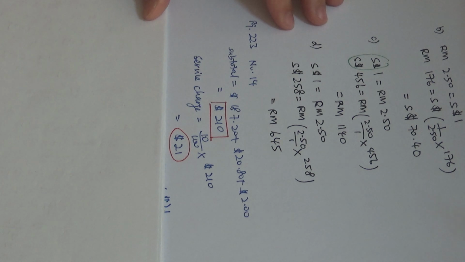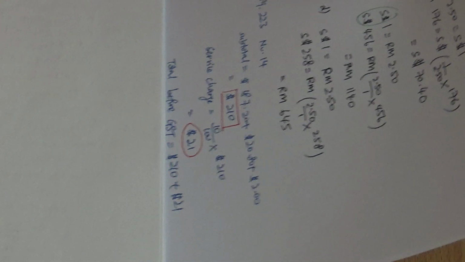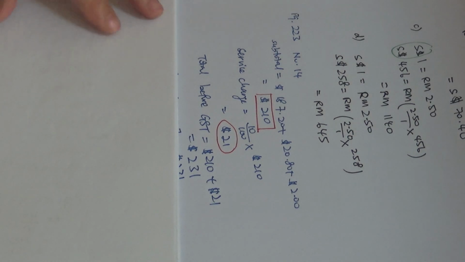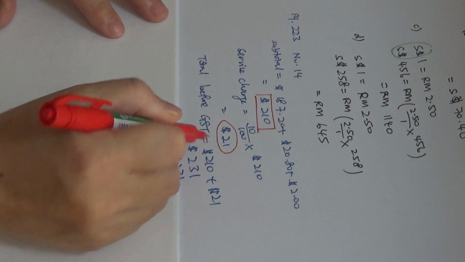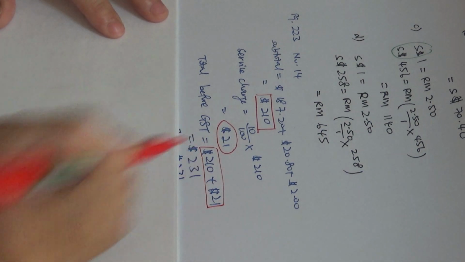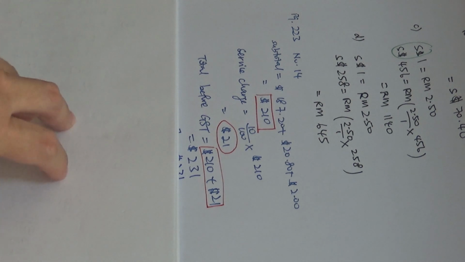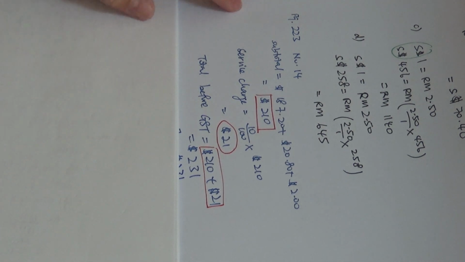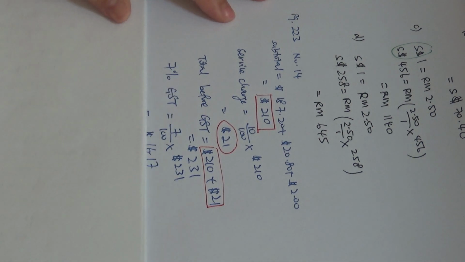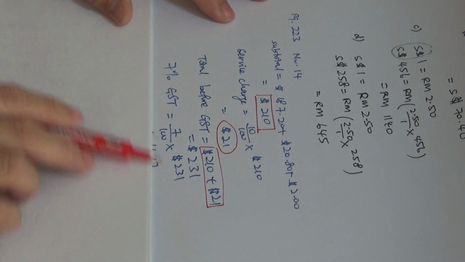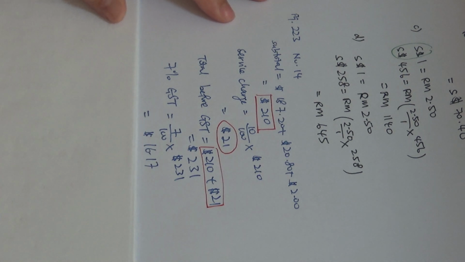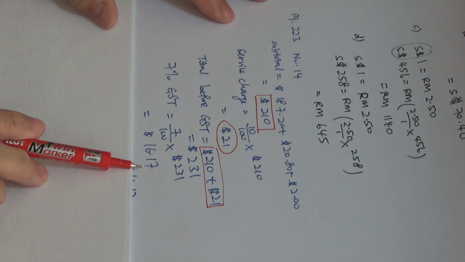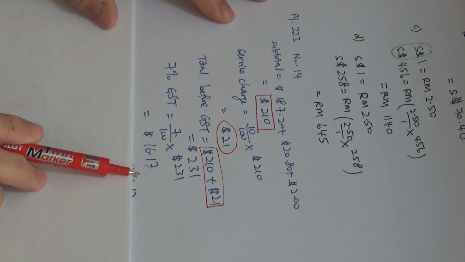Now GST is charged after service charge, so I got to find the total before GST first, where I take 210 plus 21, I will get 231. So I will charge 7% GST to 231. I will get 16.17.